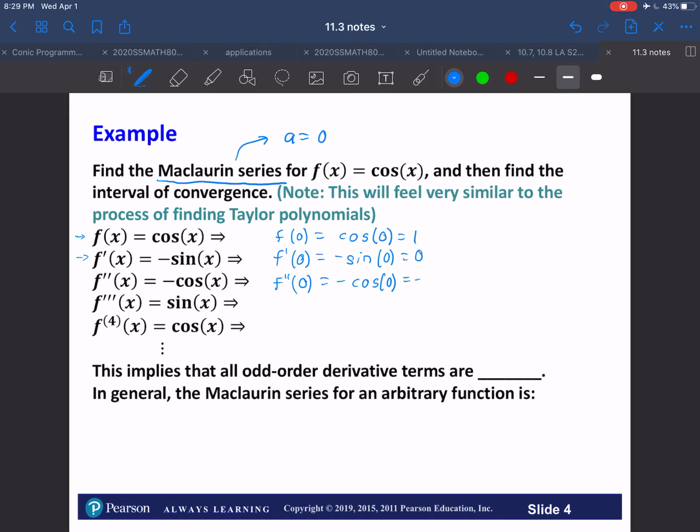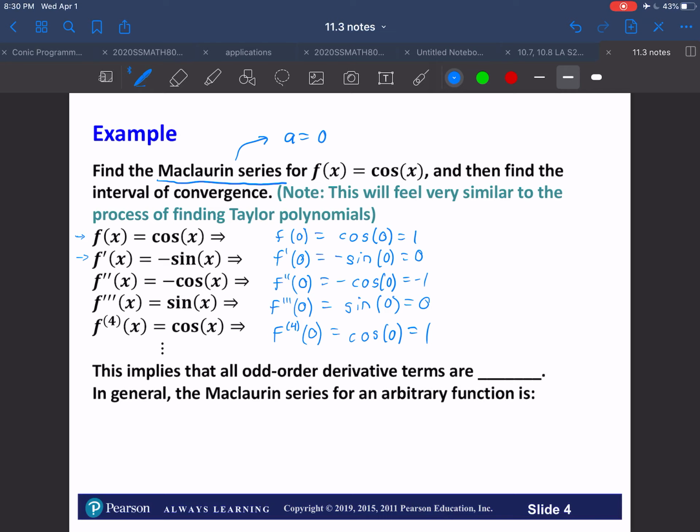That is negative 1. And you guys remember this process. We took some time to do this in section 11.1. And f fourth derivative of 0 is, again, cosine 0, which is 1. And it just repeats this cycle.